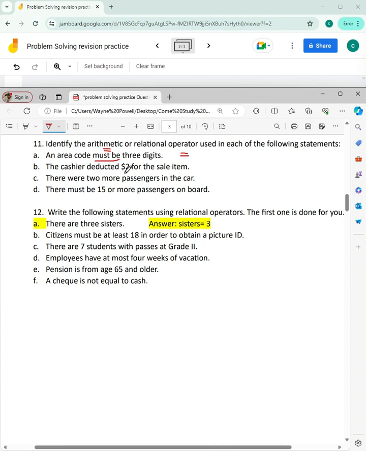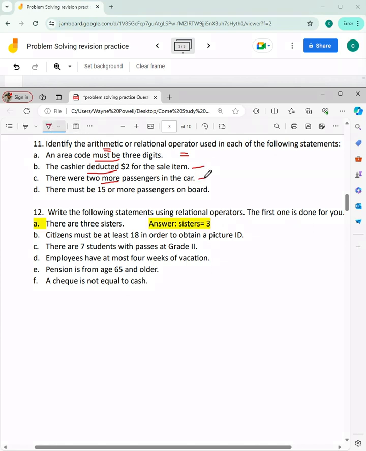The cashier deducted $2 for the sale item. We know deducted means subtraction. So that would be a subtraction. There are 2 more passengers in the car. 2 more passengers, so we say that's an addition. All right, let me fix that. That looks kind of wonky.